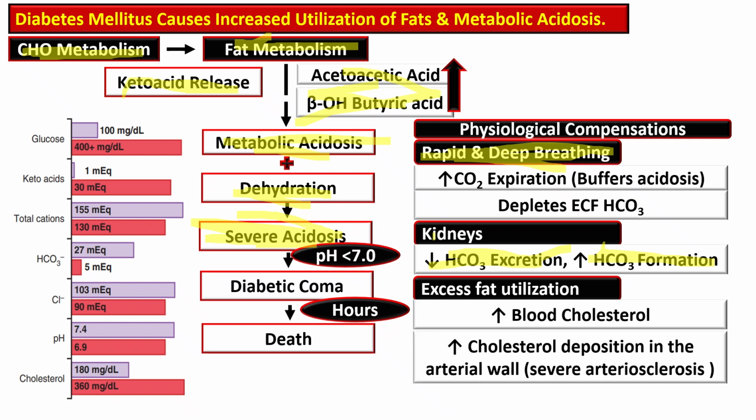Then during this severe acidosis, when the blood pH level goes below 7, diabetic coma can occur. So without immediate insulin treatment, that may follow within hours. So there are some long-term effects of excess fat utilization.